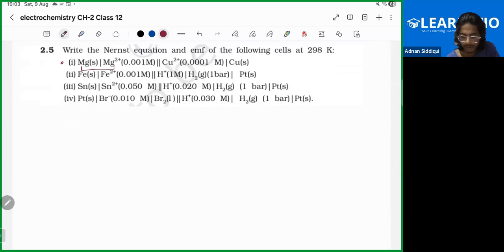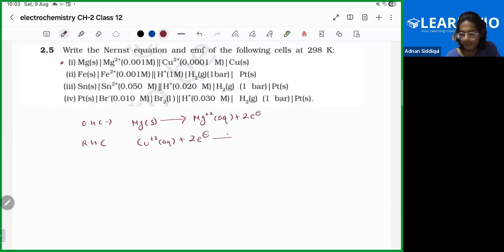This is your oxidation half cell: Mg solid is getting converted into Mg2+ aqueous by losing 2 electrons. On the reduction half cell, copper from Cu2+ aqueous is gaining 2 electrons and converting into copper solid.